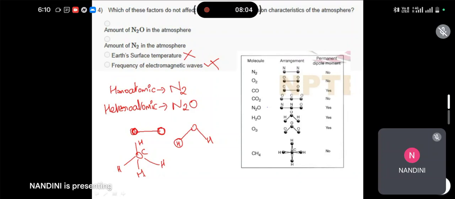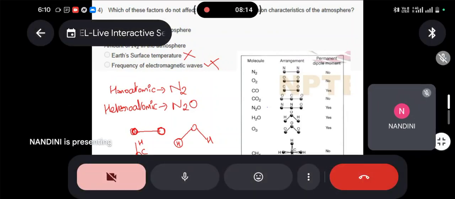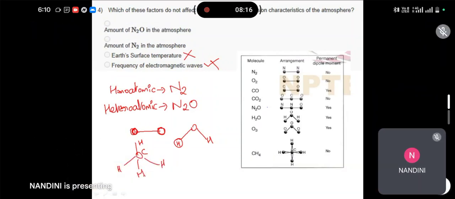So molecules that have a permanent dipole moment, when they move linearly, vibrate like a mass on a spring, or rotate on their own axis, create a fluctuation in the electric and magnetic field, and they resonate with a certain frequency of electromagnetic radiation. They will have a particular frequency of vibration.